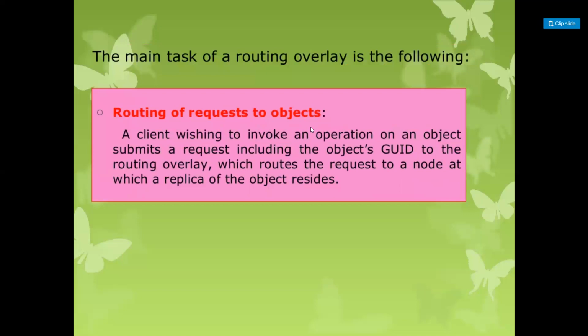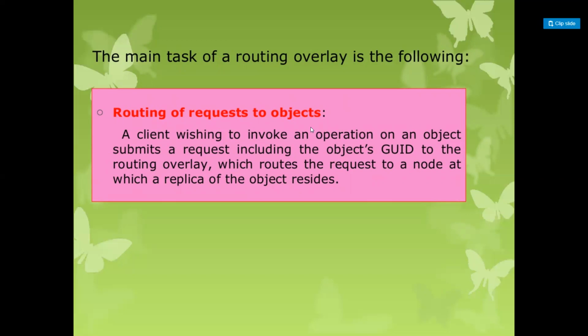Coming to the main task of the routing overlay: routing of requests to objects. Why? The request is always for accessing an object, right? A client wishing to invoke an operation on an object submits a request including the object's GUID to the routing overlay.